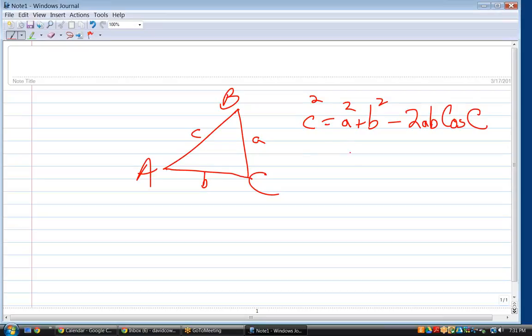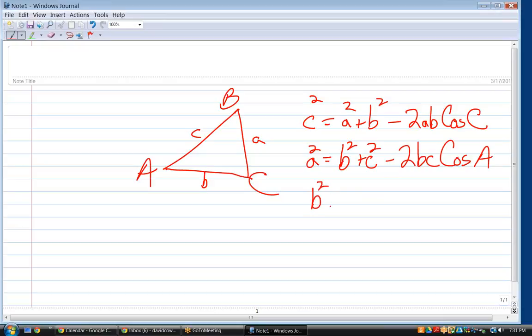And there are 3 different laws of cosines for any triangle. In other words, I can also say that A squared equals the other 2 sides squared minus 2BC cosine of A. Notice the pattern.